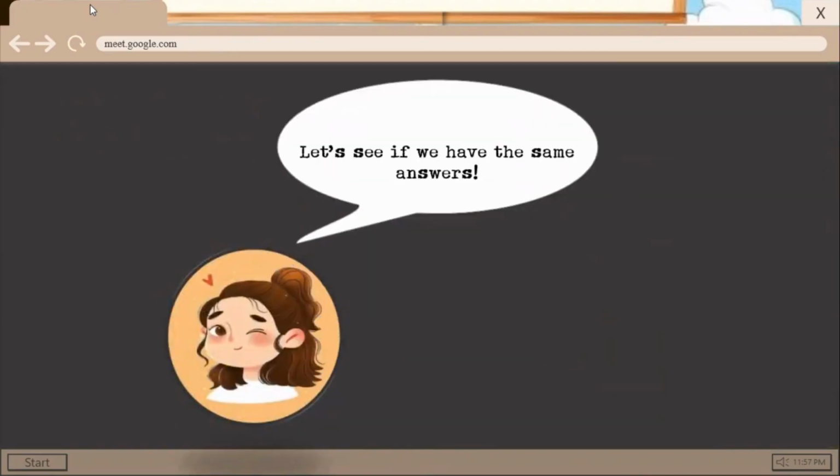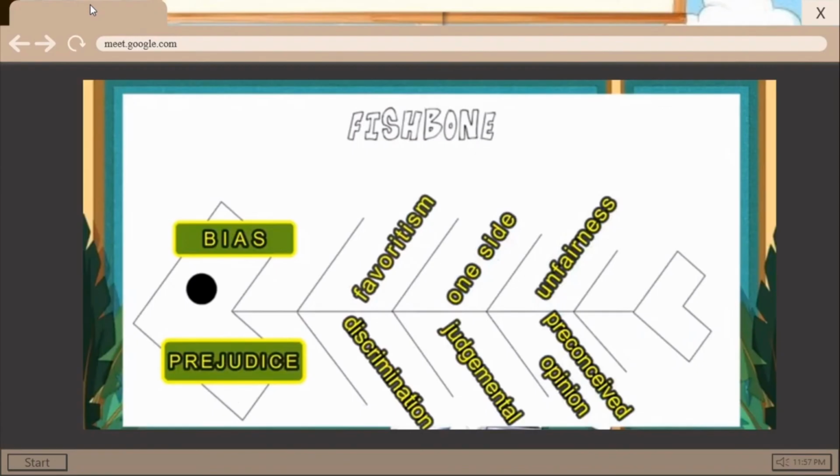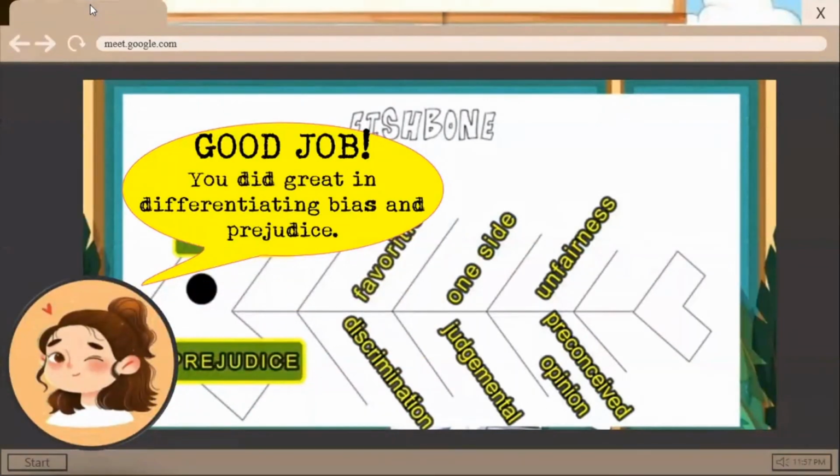Now let's see if we have the same answers. Good job! You did great in differentiating bias and prejudice.